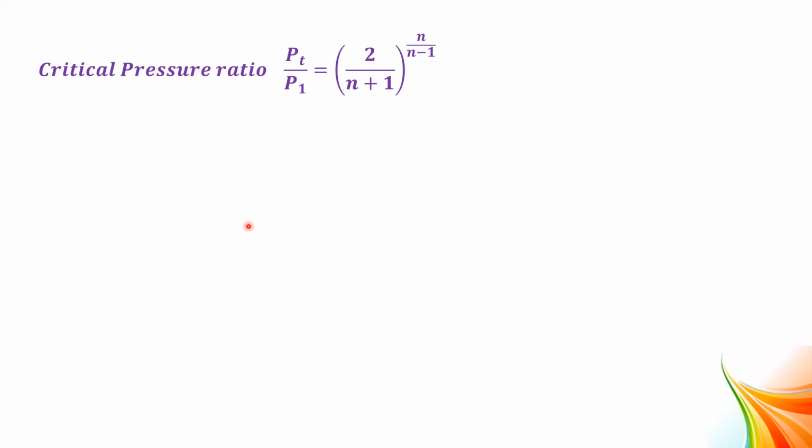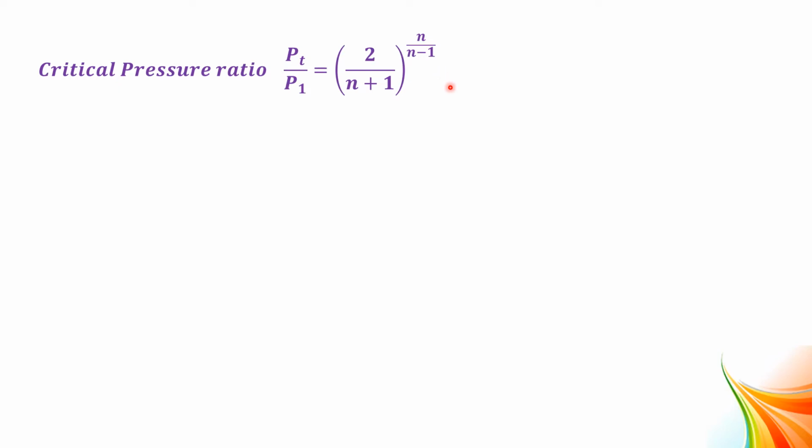Now we have to find out the throat pressure Pt. For calculating the throat pressure Pt, we have to use the critical pressure ratio equation. The critical pressure ratio equation is Pt divided by P1 equal to (2 by n plus 1) the whole power n by n minus 1.